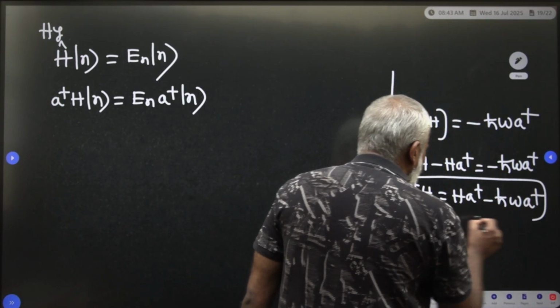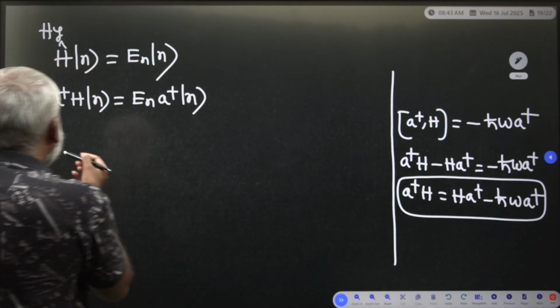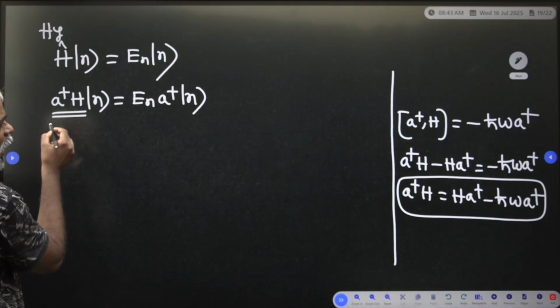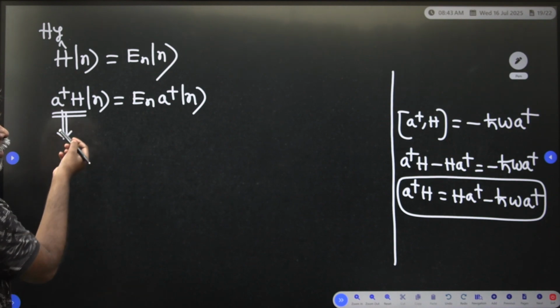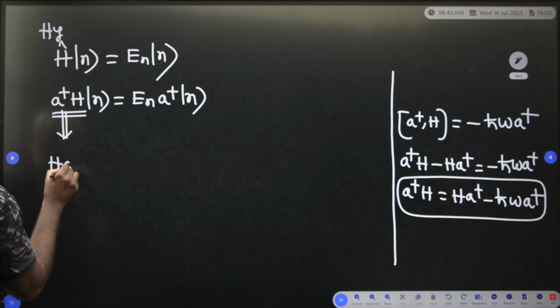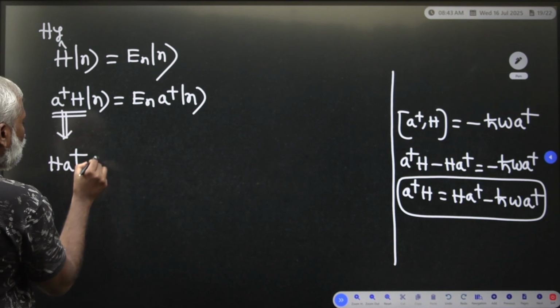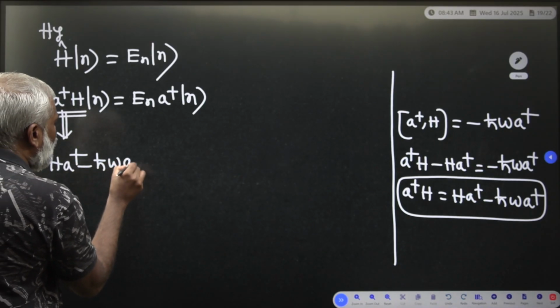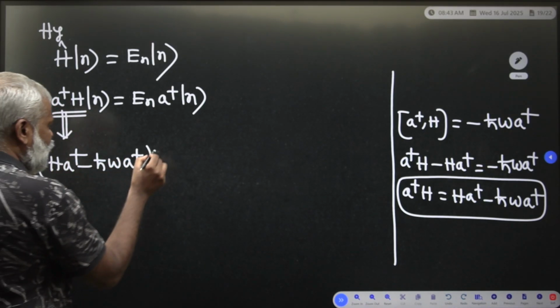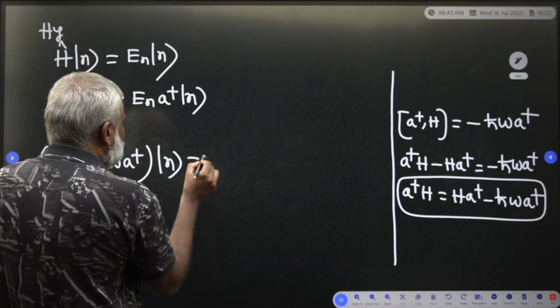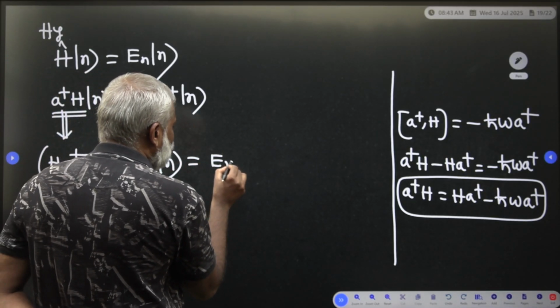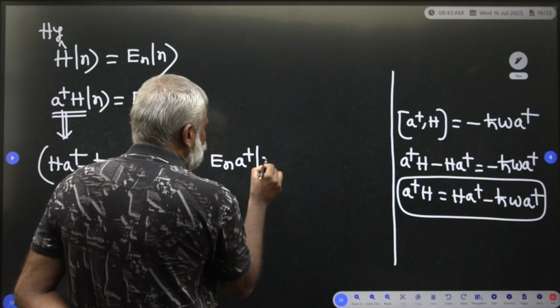This value you have to substitute there. So what is that value? a dagger H ket n is equal to H a dagger minus ħω a dagger acting on ket n, which is equal to En a dagger ket n.